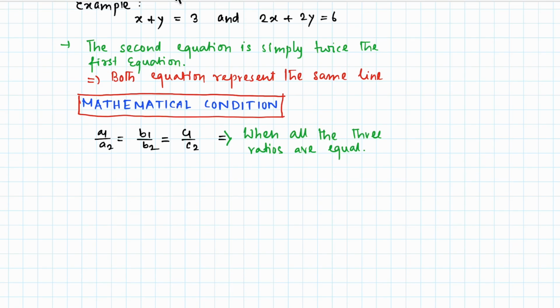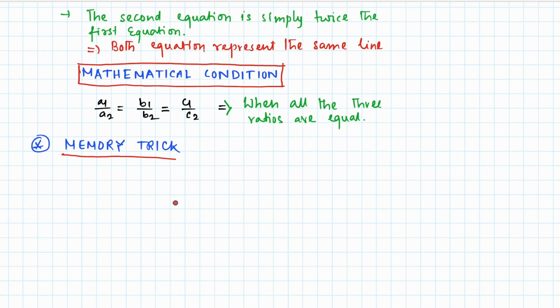So when all the three ratios are equal, we can say that they are consistent and will generate infinitely many solutions.